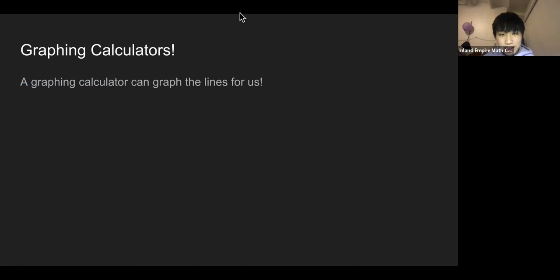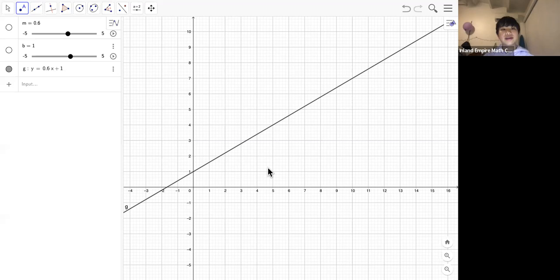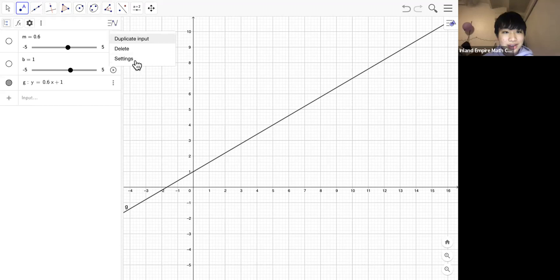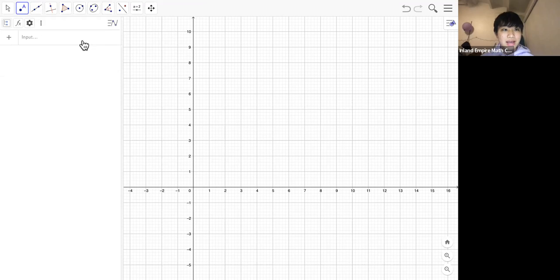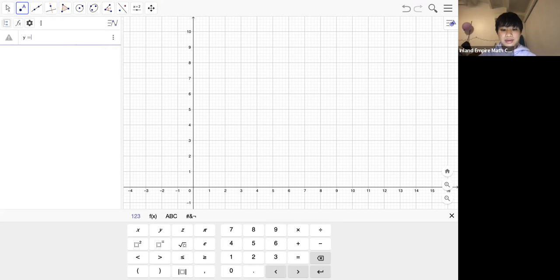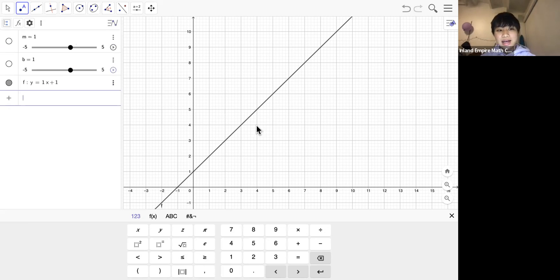I'm going to share a different screen, which is going to be a graphing calculator. This graphing calculator, as you can see, is called GeoGebra. With this, if I have y equals mx plus b, which is the equation we did before, I can create any line.